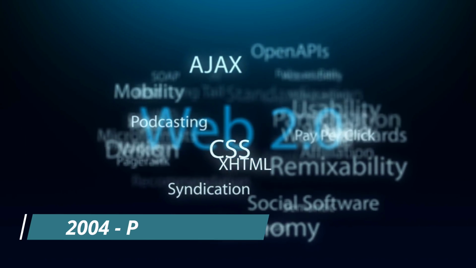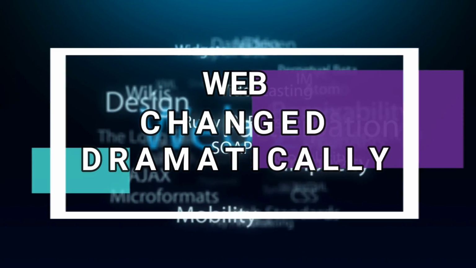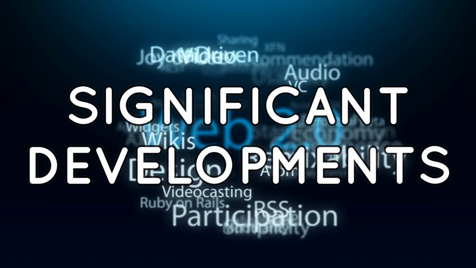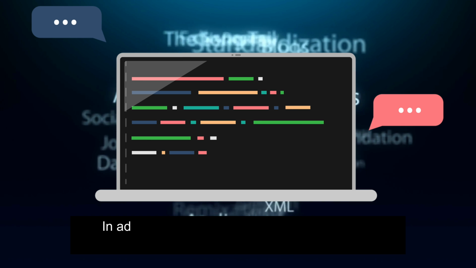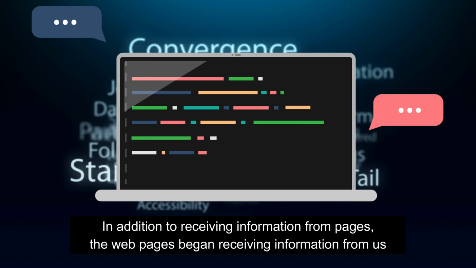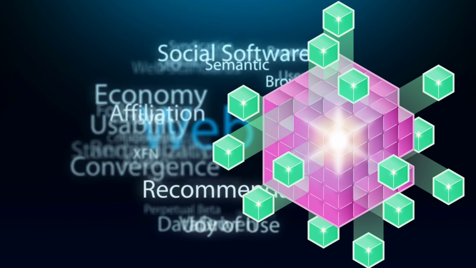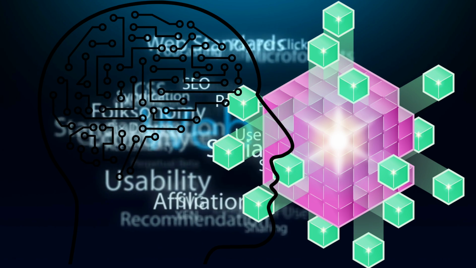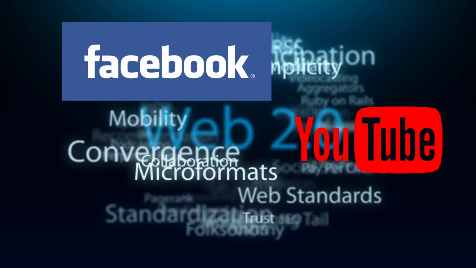Then there's Web 2.0. From roughly 2004 till the present, the web changed dramatically throughout this time. But one of the most significant developments was the internet's interactivity. This meant that in addition to receiving information from pages, the web pages began receiving information from us. These centralized companies began gathering data about us as we use Facebook, YouTube, and Google searches.